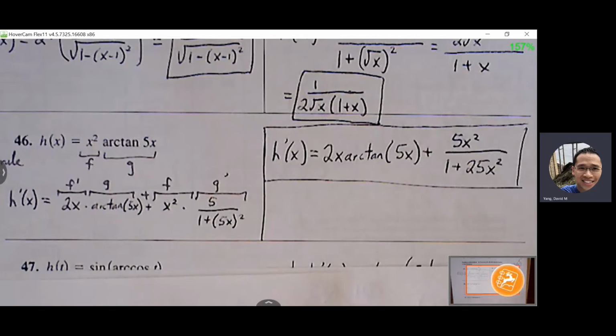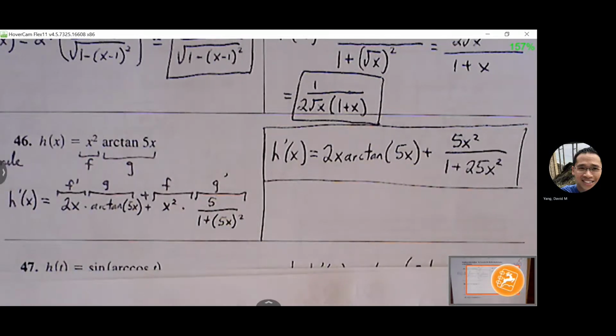F prime G plus FG prime. Okay. Any question with 46? Okay. 47 is going to feel like number 8 on the previous page, right?